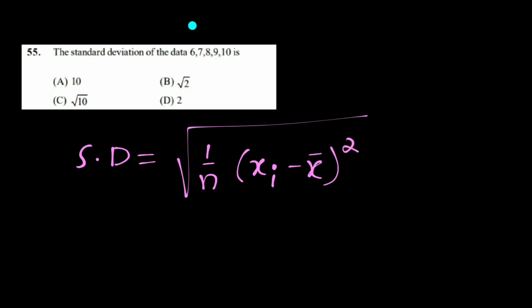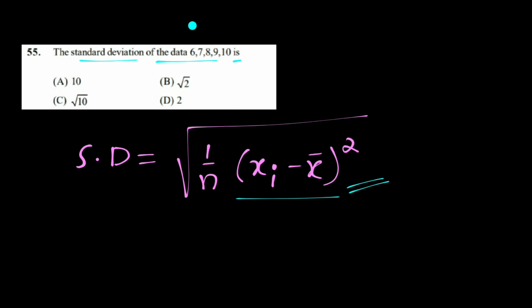Next, problem number 55. The standard deviation of the data 6, 7, 8, 9, 10 is. So here the standard formula is square root of 1 by n into the sum of xi minus x bar whole square. Xi means x1, x2, x3, and so on.